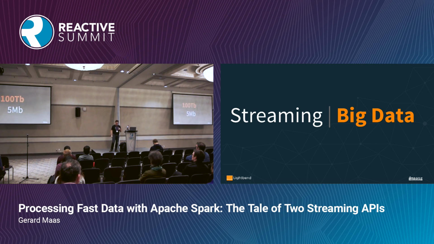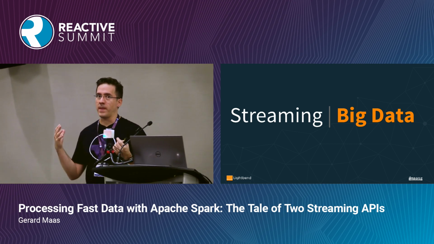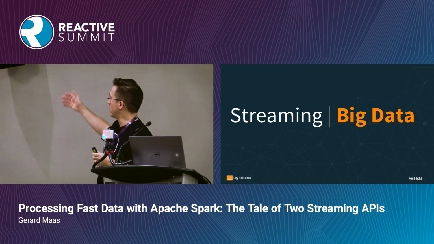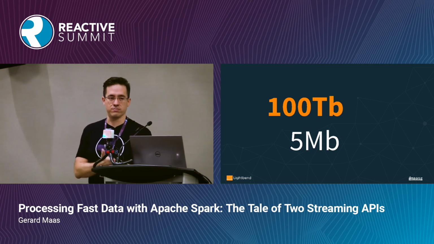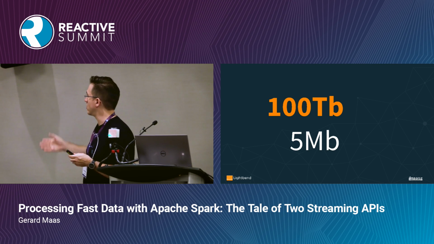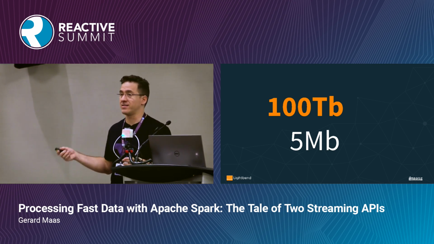To give you a comparison of how the two approaches compare, we can, for example, compare 100 terabytes versus 5 megabytes. And then we'll start asking, well, okay, what is that? What is big data? Probably we'll think that 100 terabytes might be big data for some people, and 5 megabytes certainly not.